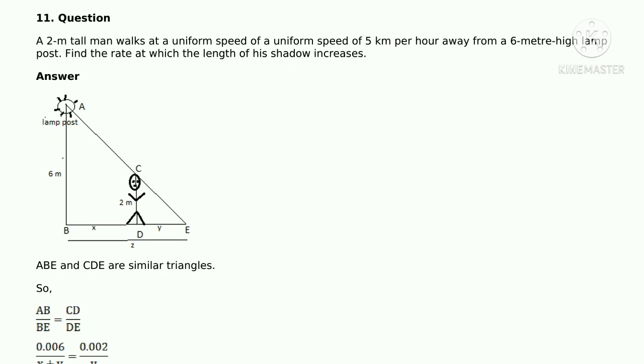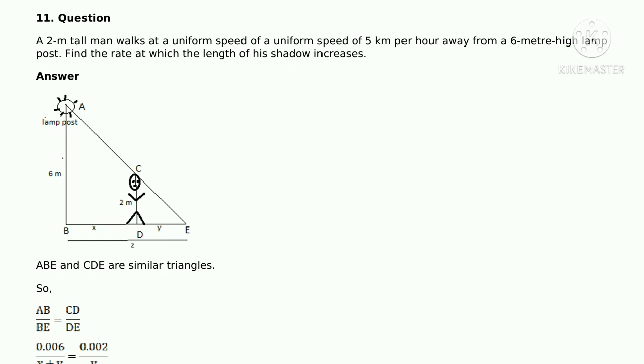Directly here, we have to find the rate at which the length of the shadow increases. If the lamp post is AB, then the shadow is DE, we can easily identify. So we have to identify how this shadow increases.